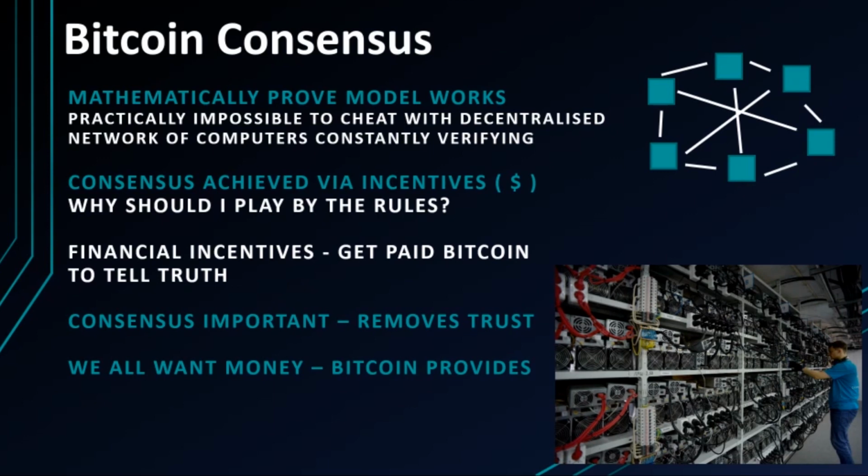And it's easy. All you have to do is set up a computer as a node and verify transactions and mine them, and you can get paid Bitcoin by telling the truth and by contributing to the network. We're going to talk more about Bitcoin mining and how transactions get sent, mined and propagated throughout the network in more detail in future videos.